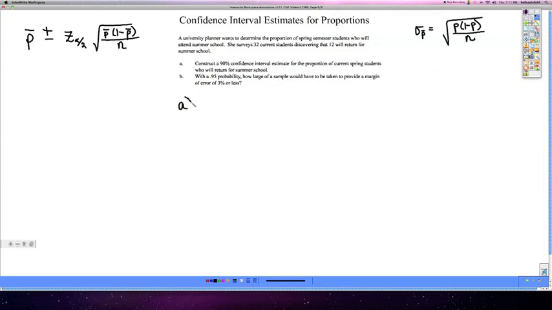So for Part A, first of all, our p is going to be the 12 students who said they will be returning divided by the 32 students who are polled. 12 divided by 32 is 3 over 8, which is 0.375.